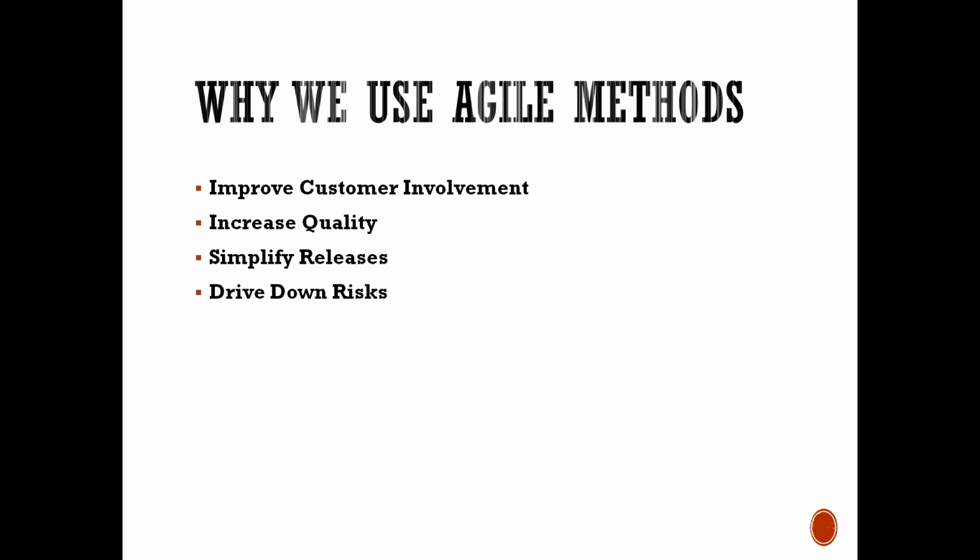Instead of that, in the agile model we break down the project part by part, and after making every part, we interact with the customer. What it does is drive down risks at the end.